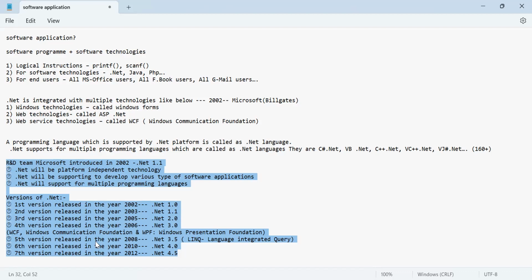I have a quick question. In the fourth version, we have add-ons like WCF and WPF, right? After the fourth, in the fifth version, we have included all these in that.